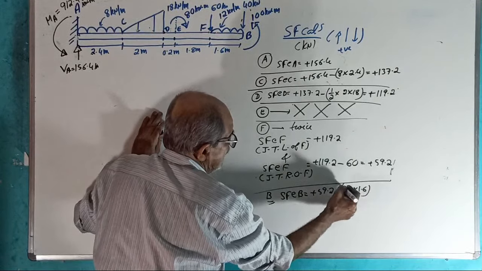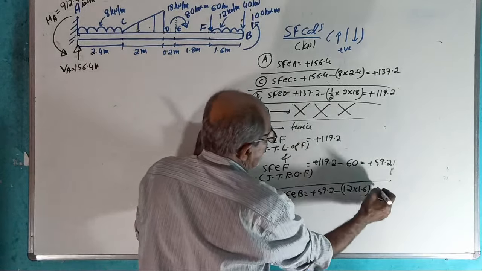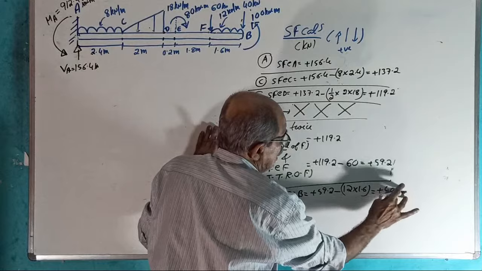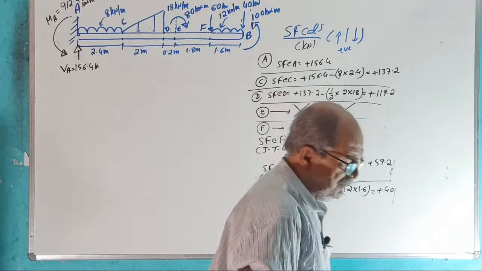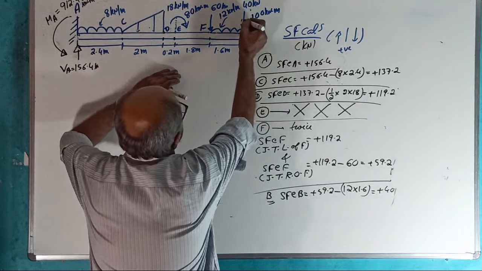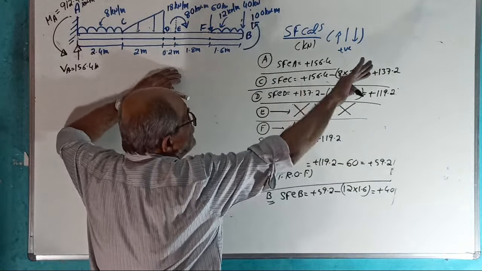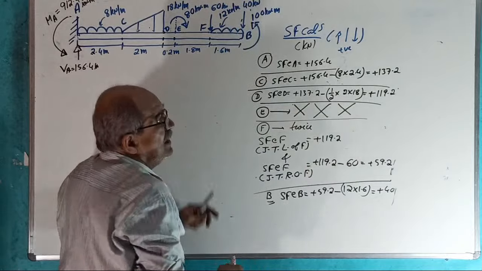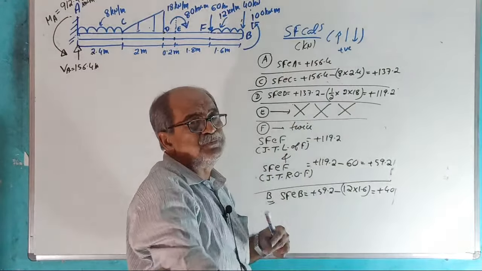How much is the reduction? The answer has to come plus 40. Coming or not coming? Because when you come slightly inside, if you look at the right side, there's a downward 40. You know right down is positive.